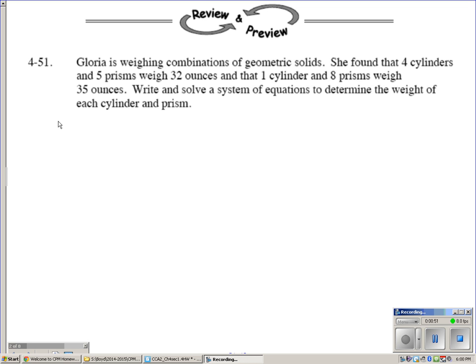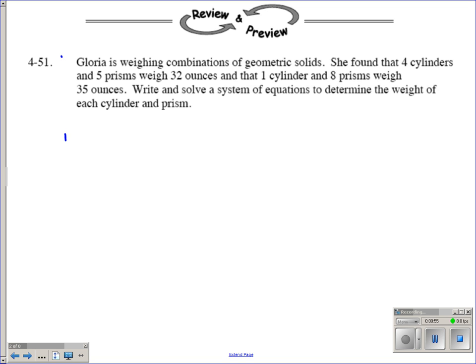So first thing here, let C represent the weight of each cylinder, and we can say that that is going to be in ounces.